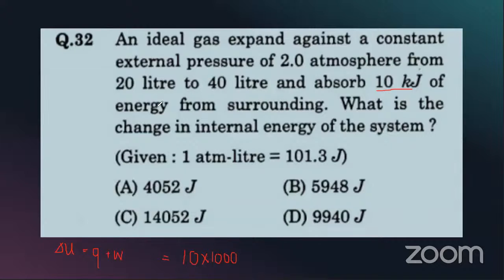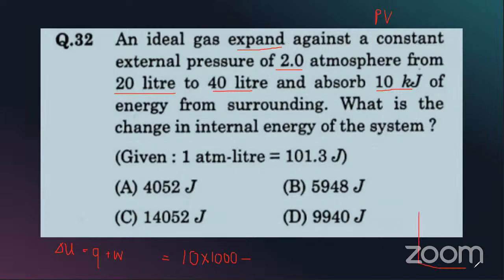We could use that formula, but because we don't know the force and the displacement given over here, we are going to consider PV type of work. That means the work which is done when pressure is 2 atmosphere and volume is changing from 20 liters to 40 liters. Also I'll tell you one thing. Work is done by the system, therefore work will be negative, so you will have to take minus. Why? Because an ideal gas is expanding. That means the work is done by the system.